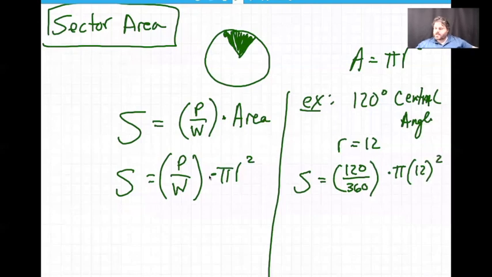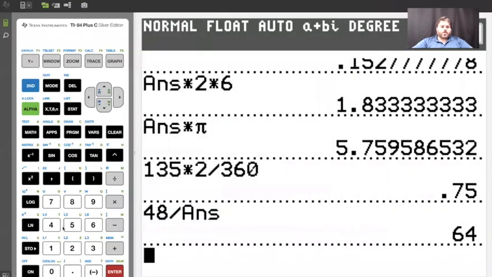Again, we can always answer this in terms of pi, or we could go ahead and put the pi in there. First, I'm going to do it without actually calculating it with the pi. So I'm going to do 120 divided by 360.